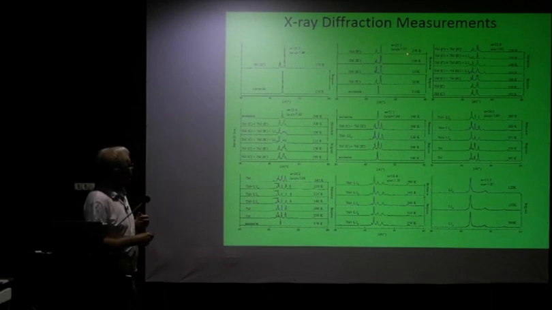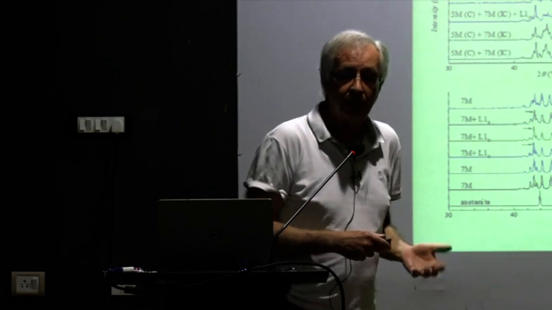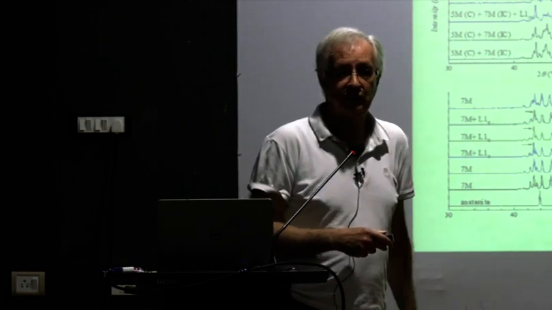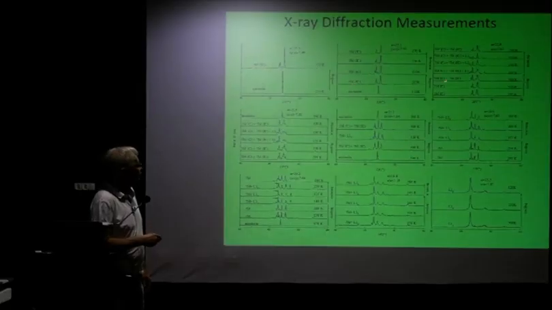If you look at the next sample, you find an austenite, and then you find some structures which is identified with the 5M. When you do the refinements of all of these, then it's identified with the 5M incommensurate structure.